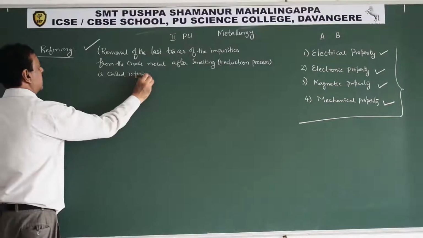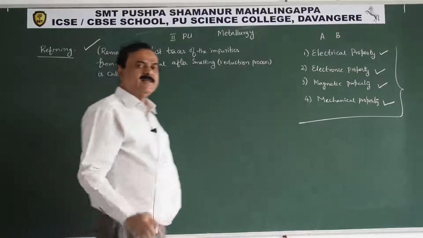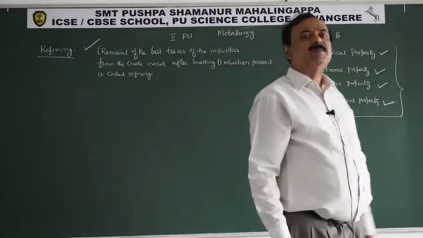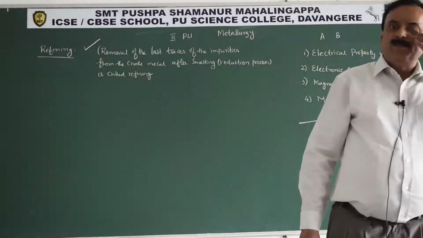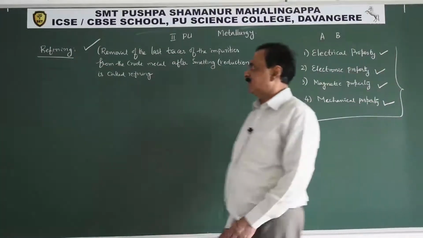Removal of the last traces of the impurities from the crude or impure metal after smelting is called the refining process.